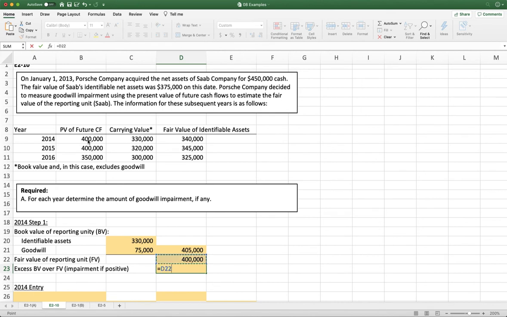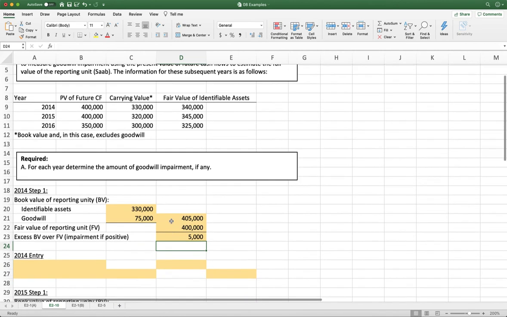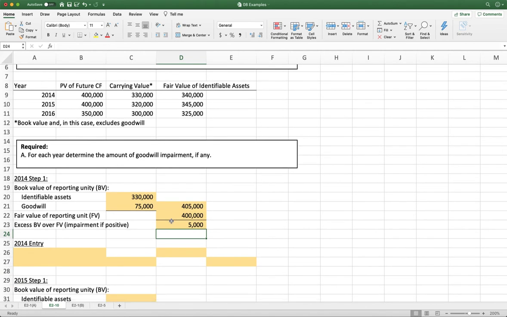And then we're going to take a difference between book value and fair value. In this case, our book value is greater than our fair value. So that's bad. We don't want our book value to be overvaluing our reporting unit. So we're going to have to record an impairment loss.